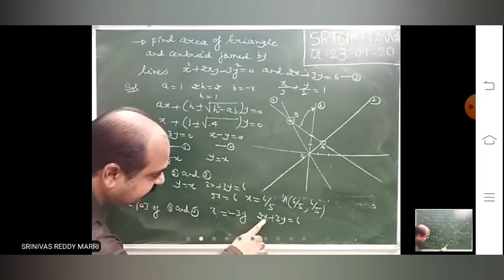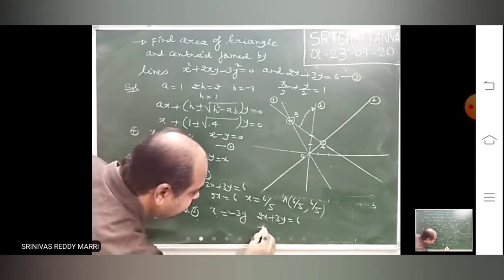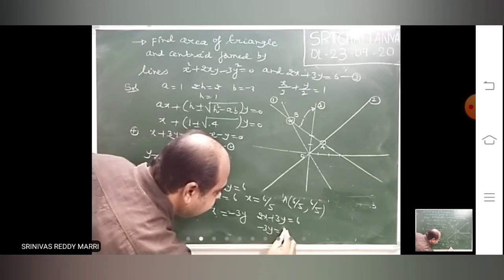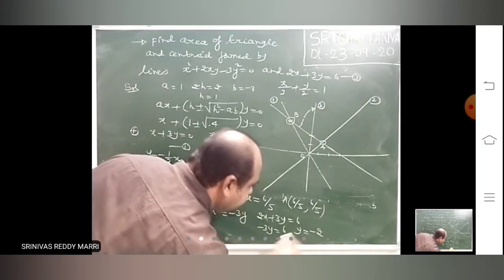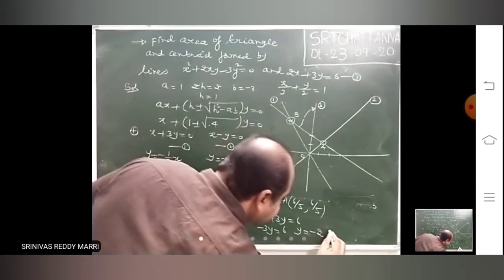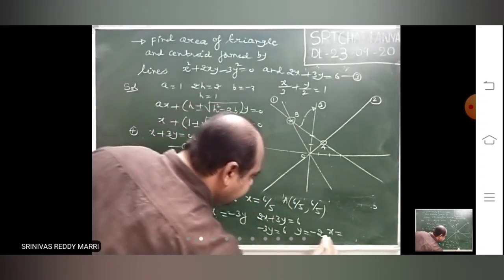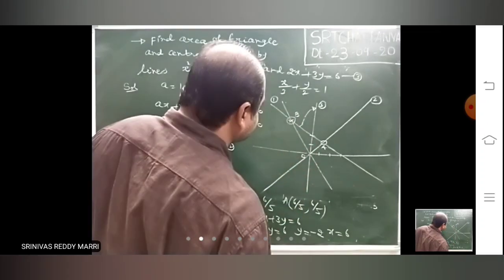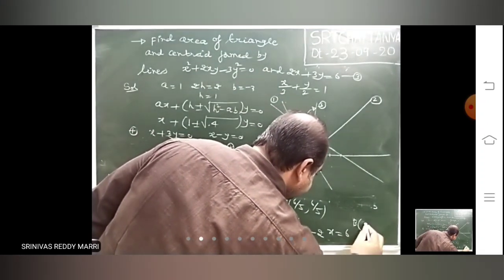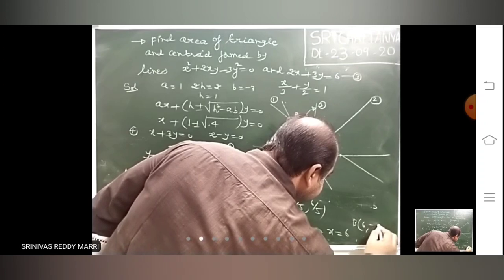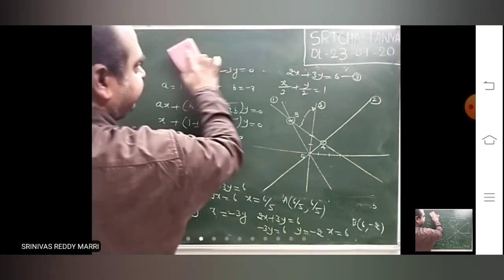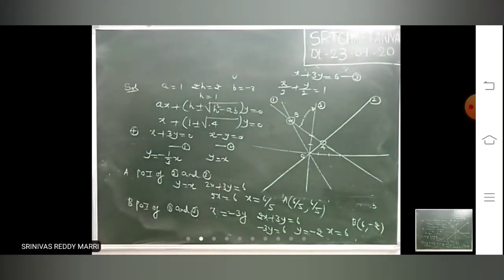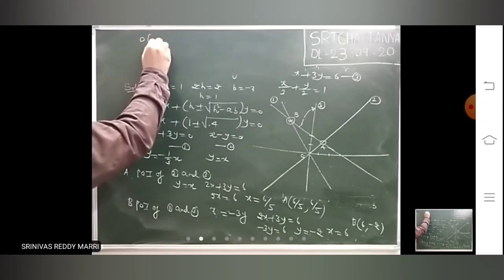Substitute x equal to minus 3y. Minus 6y plus 3y, so minus 3y equal to 6. So y is minus 2. If y is minus 2, x is 6. So B point is 6 comma minus 2. Now you got three vertices. So therefore the area of the triangle, one vertex is the origin.